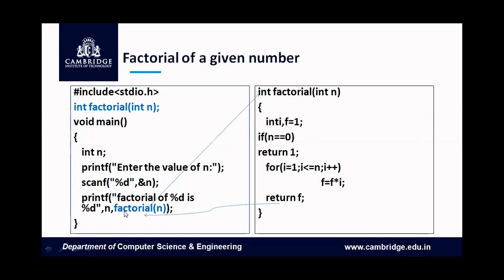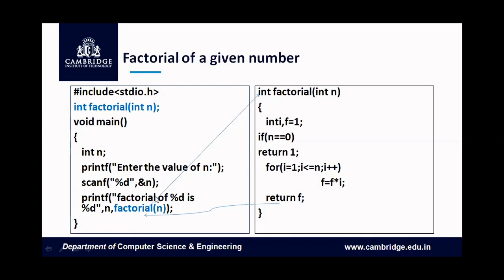When you make this function call, the compiler searches on the top: is there a function which returns an integer value, whose name is factorial and which takes an integer value? Yes, there is a declaration. Then the control will go to this particular definition, wherever you have written it, and start executing.